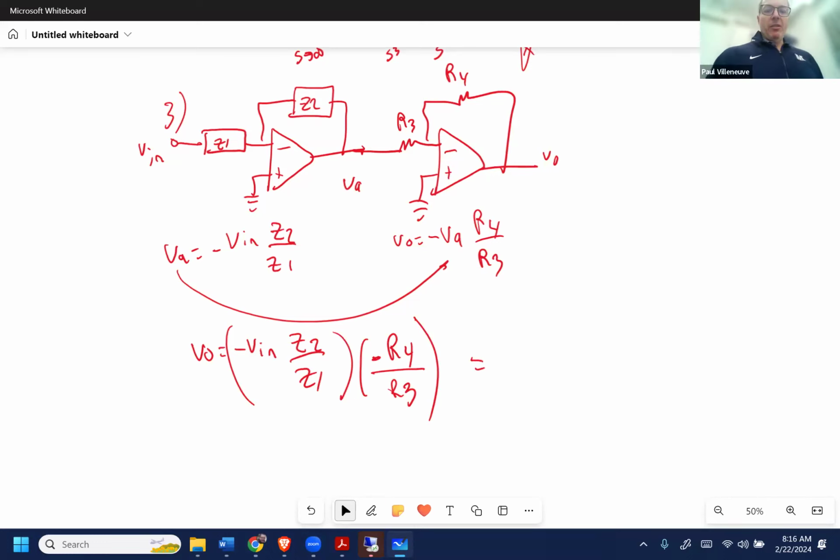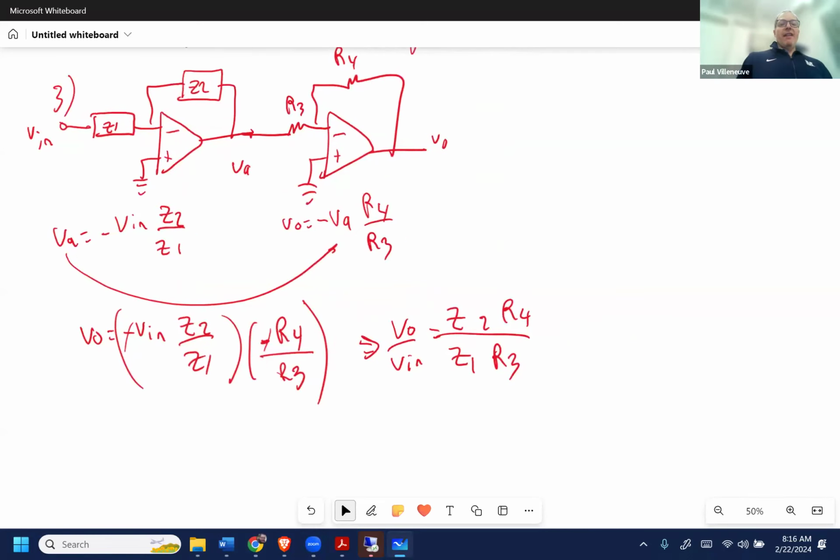That's going to be equal to, the negatives will cancel. So V out over V in equals Z2 over Z1 times R4 over R3. Now I've got them in terms of Z's, but my original circuits had resistors and capacitors.